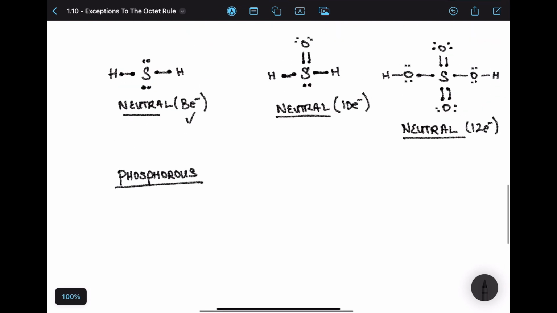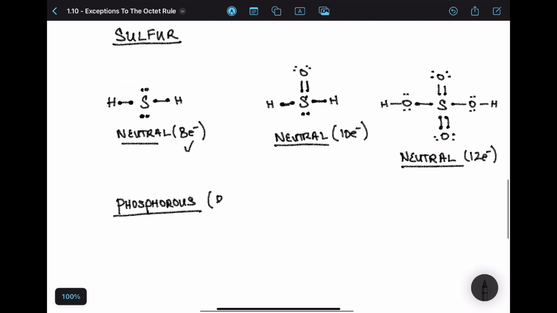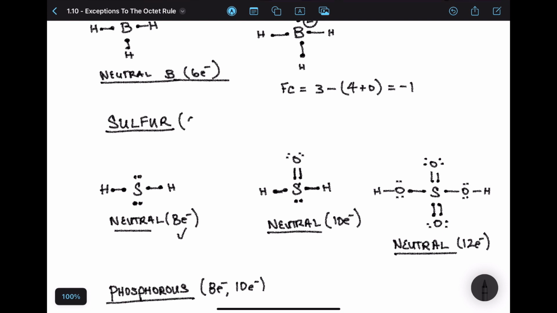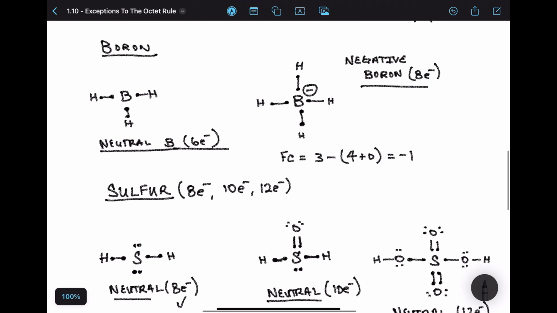And so phosphorus can have 8 electrons or 10 electrons. Here, if we go back, sulfur can have 8, 10, or 12 electrons. And then boron can have 6 electrons or 8 electrons.